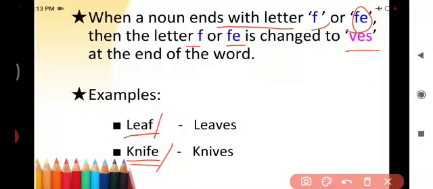So what we need to do as per the rule, we need to change that f or fe to ves at the end. When the noun ends with letter f or fe, then we need to change that f or fe to ves. That's what the rule says.